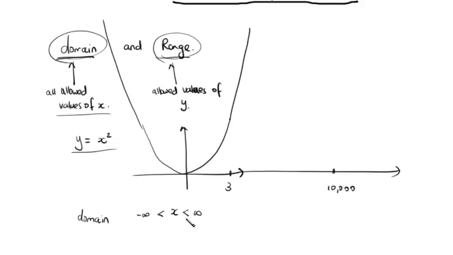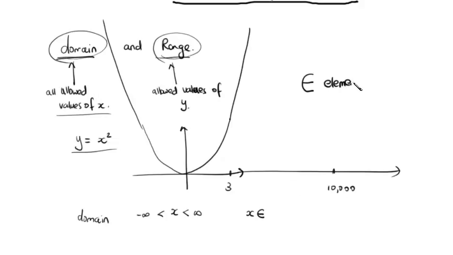We sometimes write the domain like this, or sometimes like this: x is an element of, and this symbol looks a bit like an E, but it's curly. This means element of.